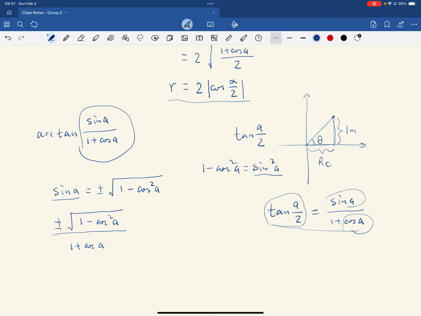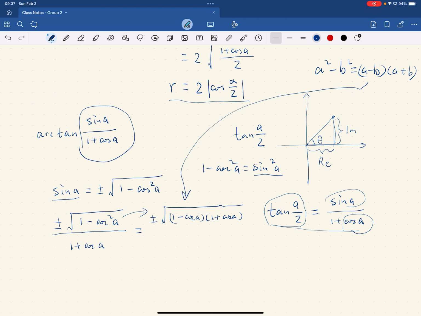And if you learned it before, this is the review of it. And then you turn this to 1 minus cosine A times 1 plus cosine A. In case you forget, a squared minus b squared equals a minus b times a plus b, so we applied that formula here.